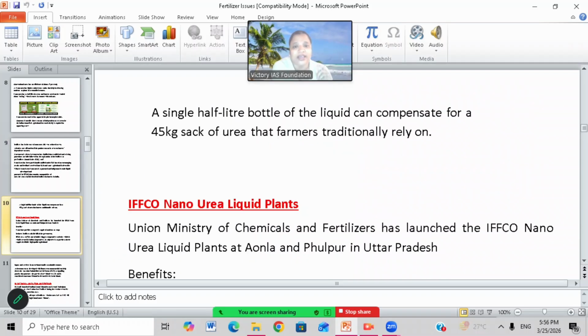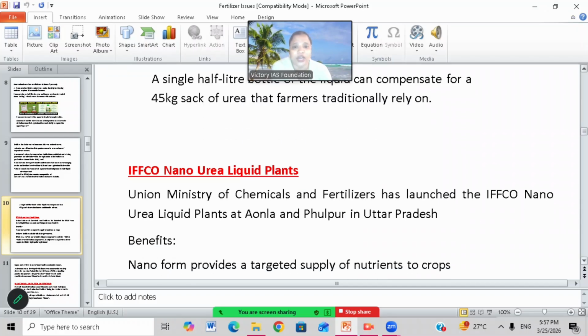Okay, so how much can liquid nano urea replace conventional urea? A single half liter bottle of liquid can compensate for a 45 kg sack of urea that farmers traditionally rely on. Means a 45 kg bag can be replaced with a half bottle of liquid nano urea.